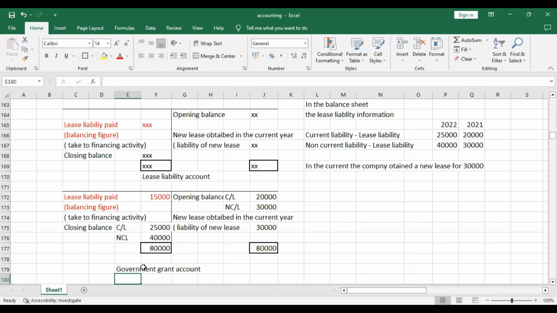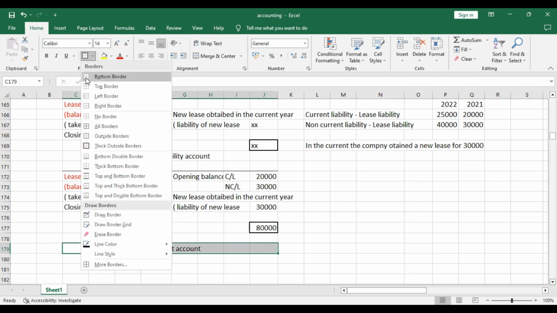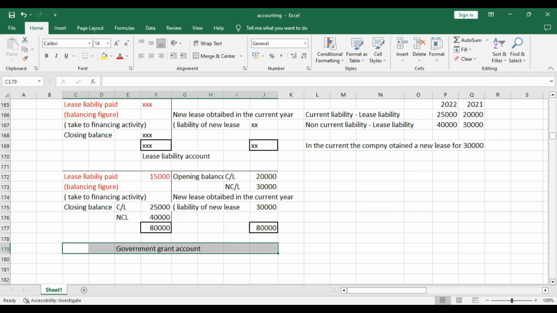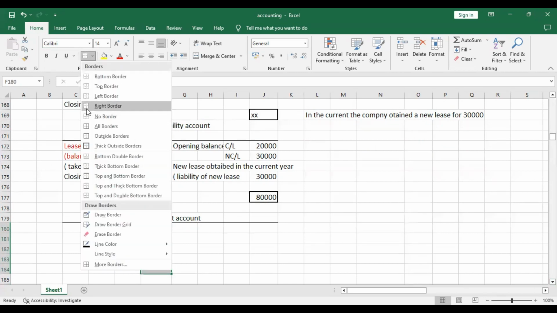Whatever it may be, you can prepare it for any purpose. This is basically to find out what government grant is received or government grant amortized.